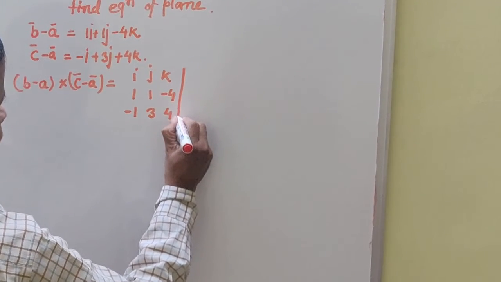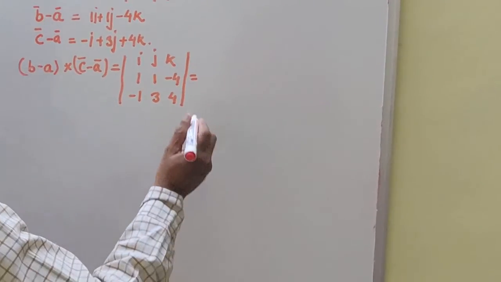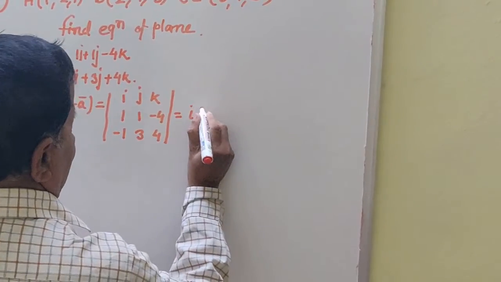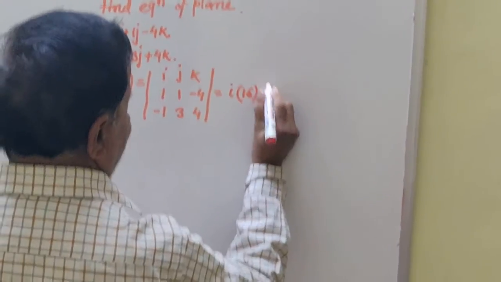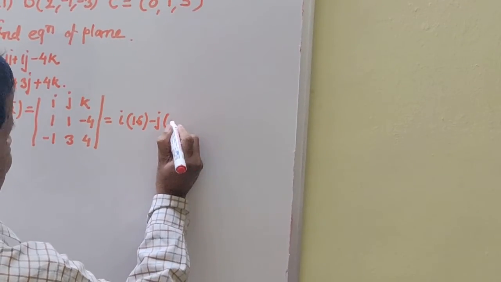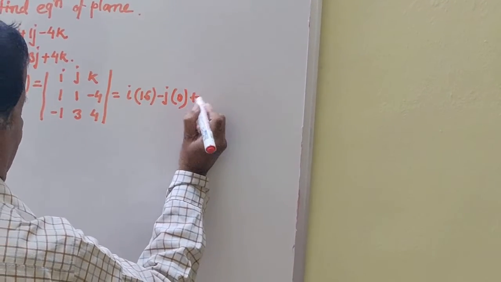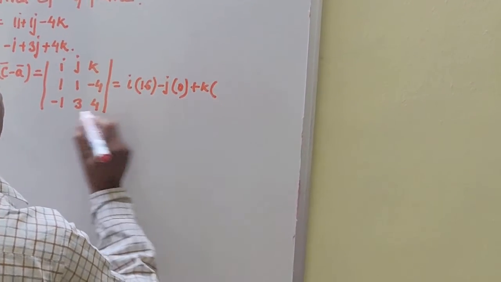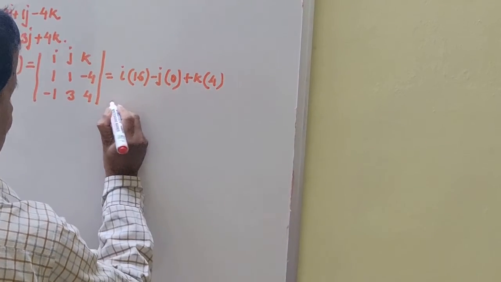Okay. Now what will come here? Now we will simplify. i: that is 4 plus 12, that is equal to 16. Minus j: 4 minus 4 means 0 will come here. Okay. Now plus k: 3 plus 1, 4 will come here. Now what is the value of this?